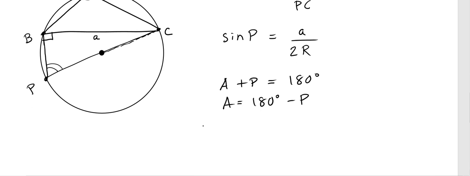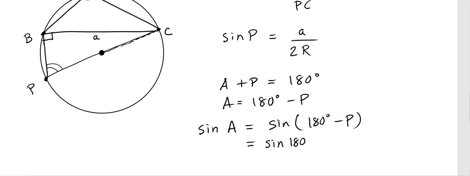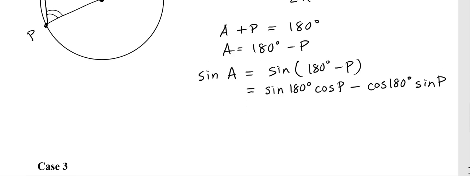Okay, so that means the sine of angle A is the sine of 180 degrees minus P. You can use a symmetry argument to find out that the sine of 180 degrees minus P is equal to the sine of P. Or you can use a trigonometric identity that says this is equal to the sine of 180 degrees times the cosine of P minus the cosine of 180 degrees times the sine of P. Now the sine of 180 degrees is 0, so that term cancels, and the cosine of 180 degrees is negative 1.